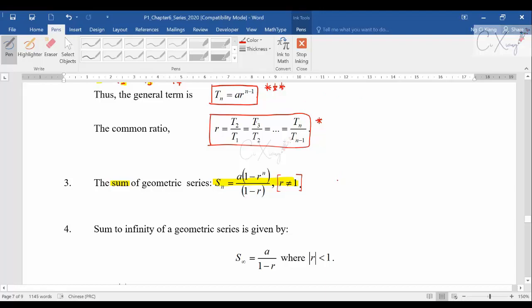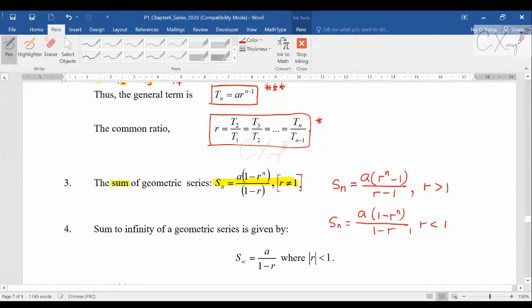I believe some of you may still remember that in SPM, you learned another formula like this. The sum of the n terms is A times R power n minus 1, divided by R minus 1, with a condition that R must be greater than 1. And then you have 1 minus R power n divided by 1 minus R, where R is smaller than 1.